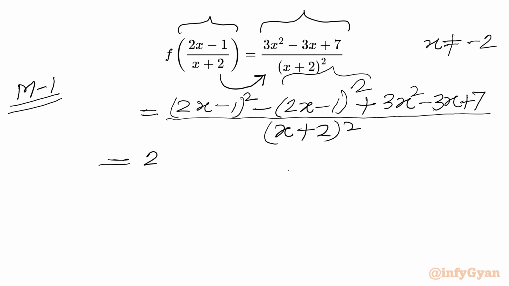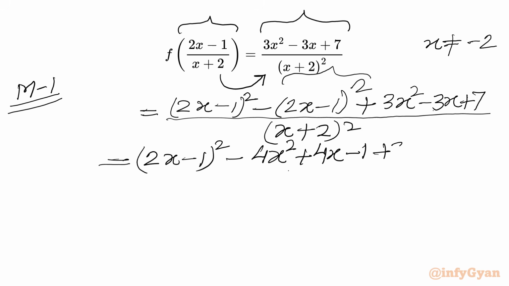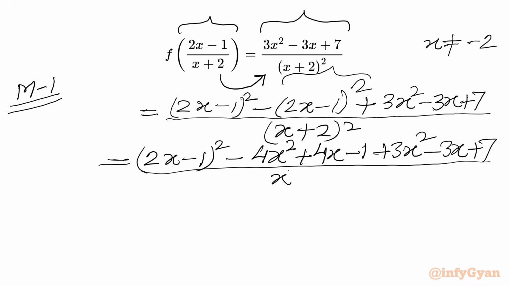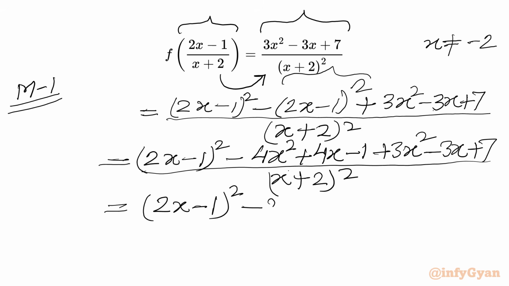So let me write here (2x - 1)² minus 4x² plus 4x minus 1 plus 3x² minus 3x plus 7 over (x + 2)², equal to (2x - 1)² minus 4x² plus 3x² is minus x², plus 4x minus 3x is plus x, 7 minus 1 is plus 6, over (x + 2)².